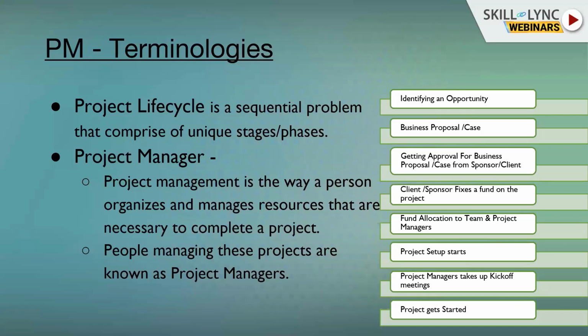It is a sequential process that comprises unique stages and phases. We will come to know these unique stages and phases in the coming slides, where it will be more clear. But for understanding purposes, I'll just say that the project lifecycle includes various phases.